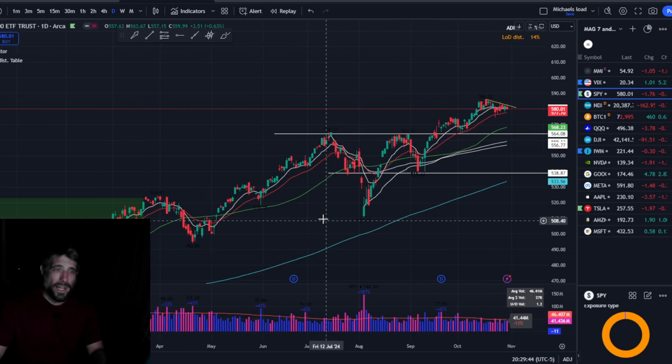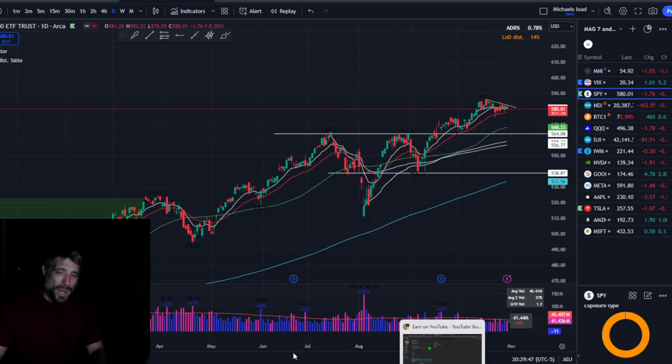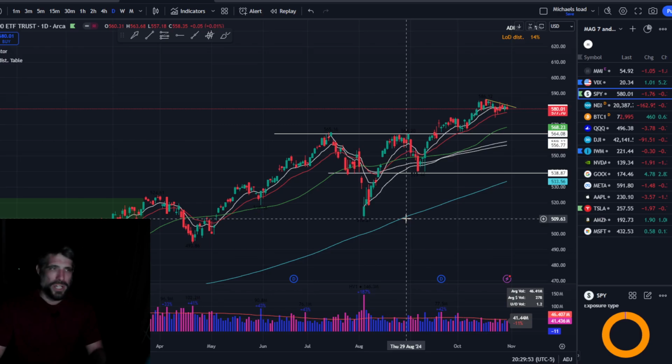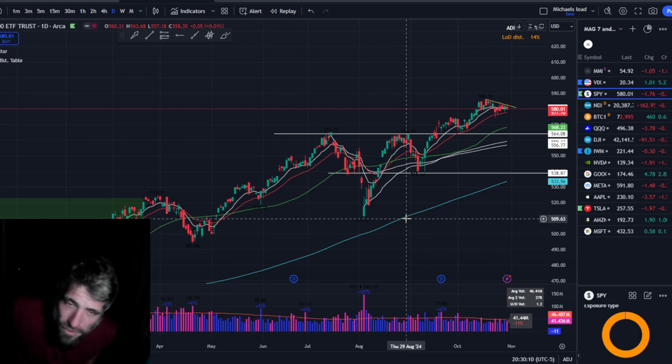This is looking great, guys. And the whole reason why I say this is because this is the market's direction. We want to have an understanding of the market's direction when we're trading. Why? Because most stocks are going to trade with the overall market. If the overall market is trending above, in my rules, a 21-day moving average, you can use the 20-day, the 50-day, or the 200-day moving average.